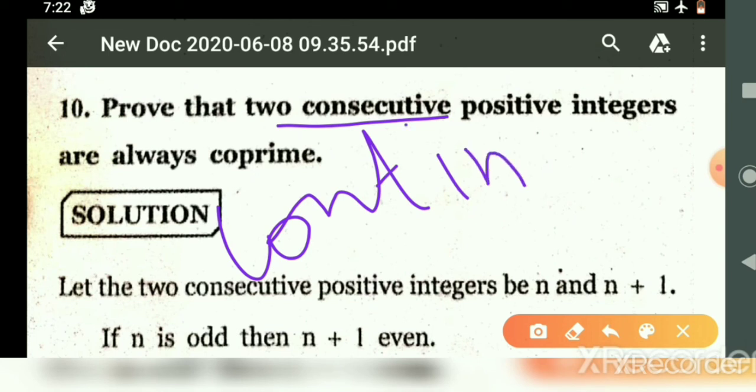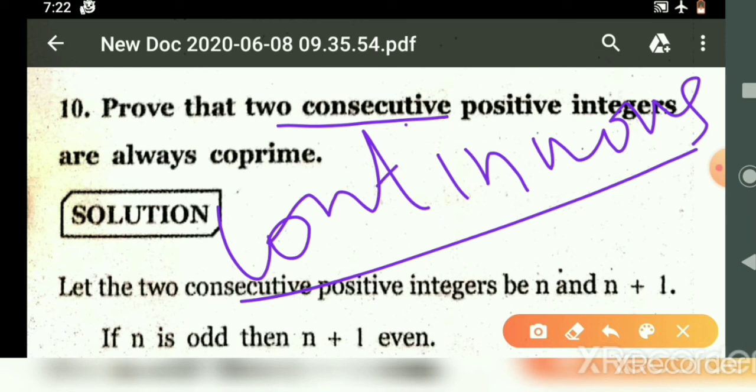Prove that two consecutive positive integers are always co-prime. Consecutive means continuously, one after another. Co-prime means two numbers having no common factor other than 1.